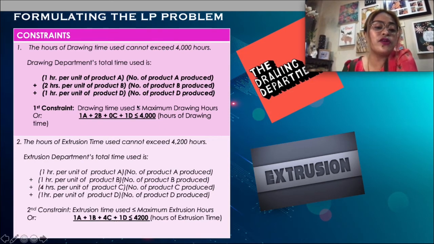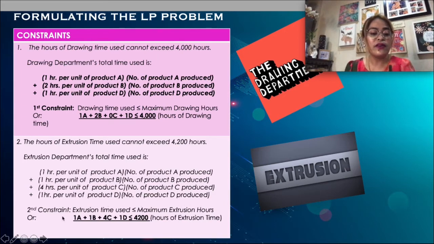The second constraint is that the hours of extrusion time used cannot exceed 4,200 hours. The extrusion department's total time used is 1 hour per unit of product A times the number of product A produced, plus 1 hour per unit of product B times the number of product B produced, plus 4 hours per unit of product C times the number of product C produced, plus 1 hour per unit of product D times the number of product D produced.